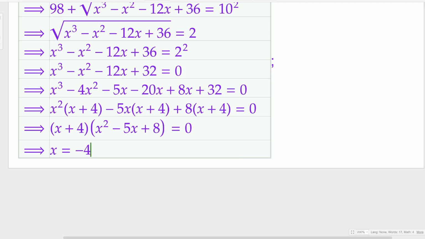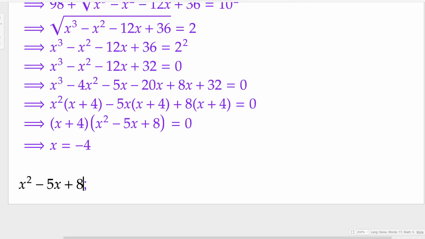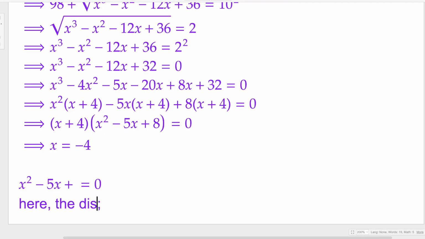And if you check the quadratic factor, analyzing this part, if you compute the discriminant, that is less than 0 in this case.